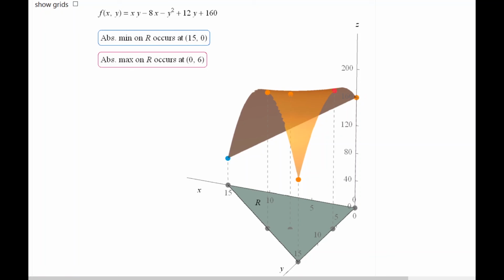It occurred at the endpoint of the boundary. And we also have the absolute max, which you can see in red. It occurred at the critical point of the boundary function. Not the critical point of the function, but the critical point of the boundary function.